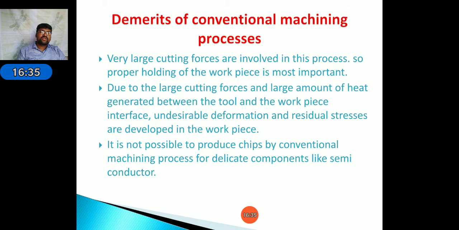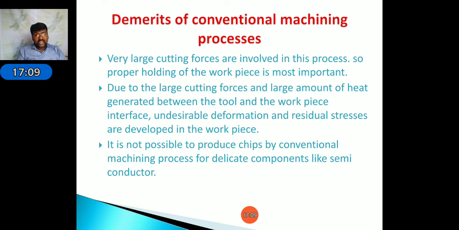In the next lecture we will discuss what non-traditional machining is, the classification of non-traditional methods, their characteristics, advantages and disadvantages. Next, process selection: based on the type of geometry, the type of material and the type of operation, which non-traditional method can be used.